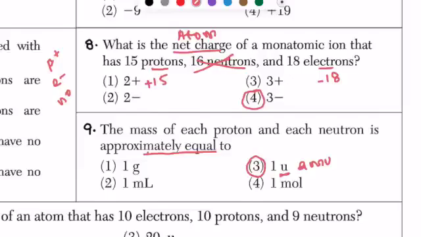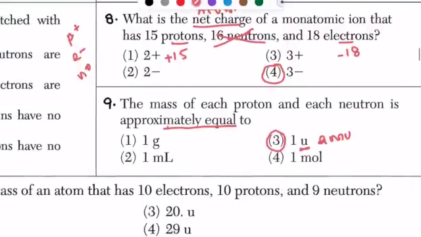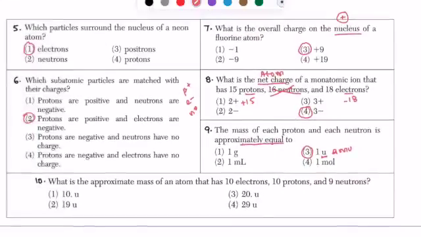The electrons are significantly lighter, to a point where their mass is negligible. But remember, we do not want to say that electrons have a mass of 0 because they do exist. If something has a mass of 0, that means the thing doesn't exist. So protons and neutrons weigh the same. Electrons are significantly lighter, which is why for atomic mass, we only count the mass of the proton and the neutron.